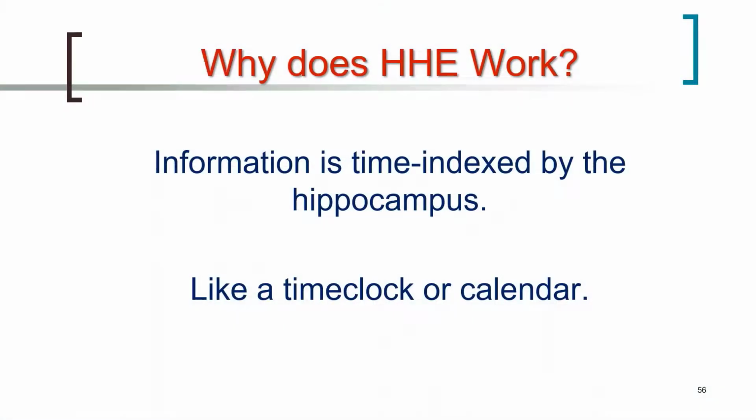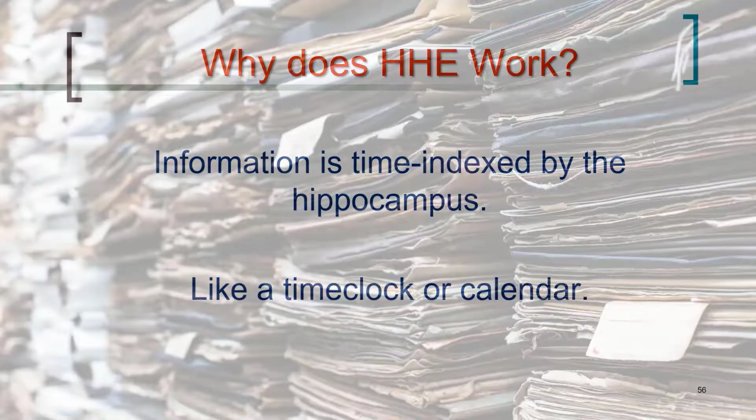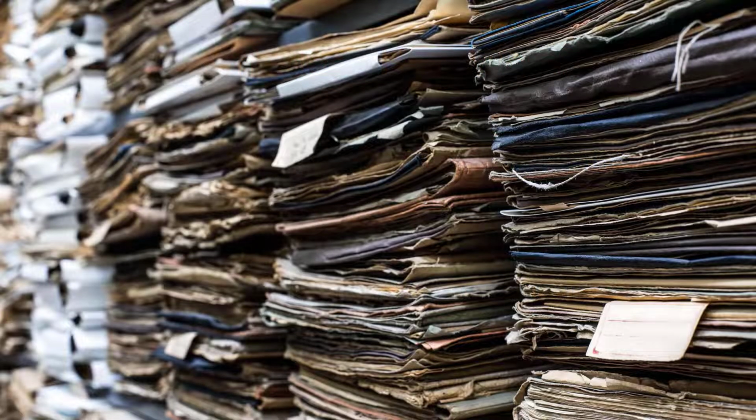One of the key aspects of this organization is the time indexing capacity of the hippocampus. It's like the hippocampus has its own time clock and calendar built in. Without a strong hippocampus, our filing system can look like this. The information is here someplace, but how the hell do I find it?